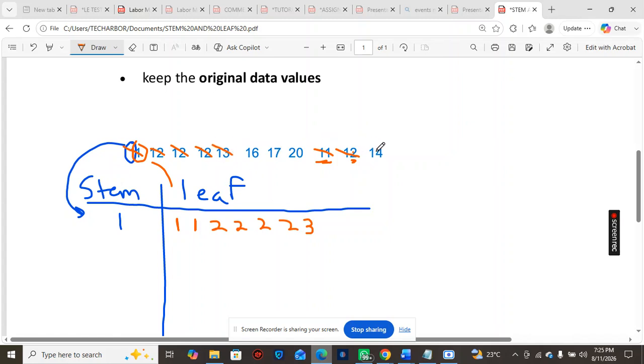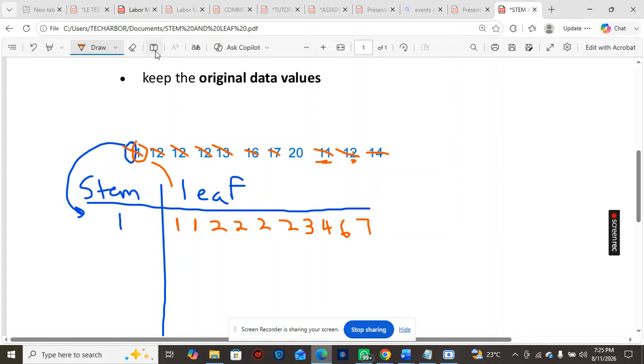Then 14 comes here. The next number, 16, so you put a 6 here. 17, you put a 7 there.